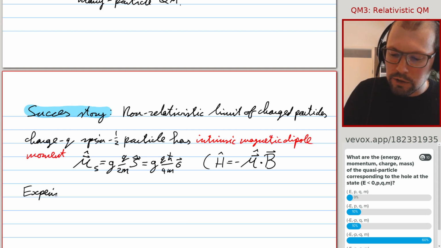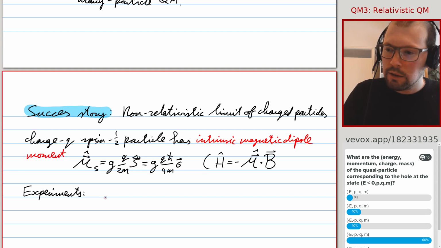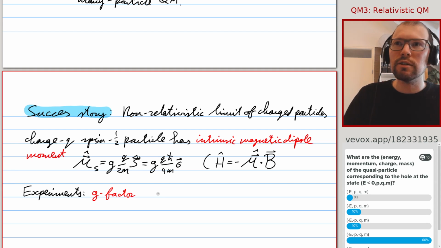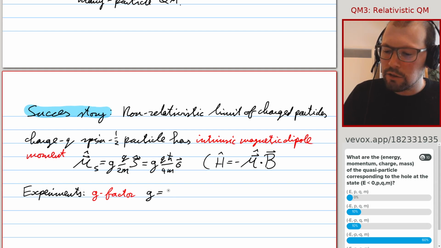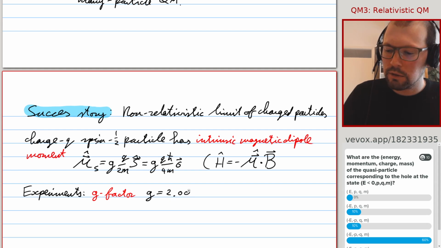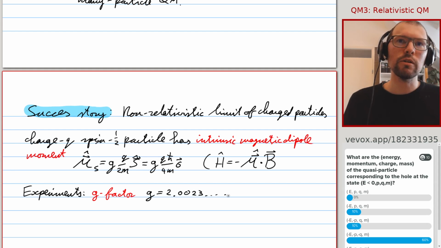So this was known, and people were measuring this dimensionless factor sitting in front. So experiments show that this factor, which is with little imagination called the g factor, takes values very close to 2. Very close, but not quite.